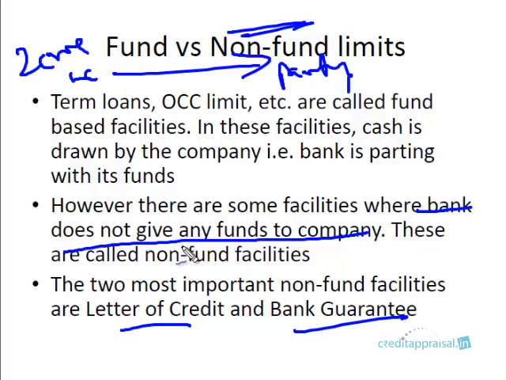We're going to discuss something called invocation of BG, devolvement of LC, where a non-fund limit can result in being converted into a fund-based facility, but that is different. We'll come to that later. The fundamental difference is, in a non-fund limit, the bank does not part with any money. It will not directly give funds to the party.